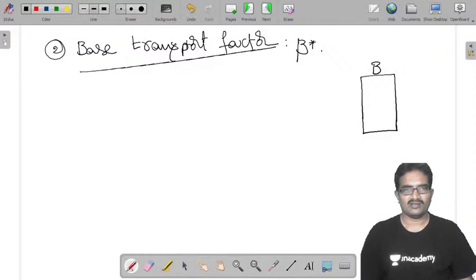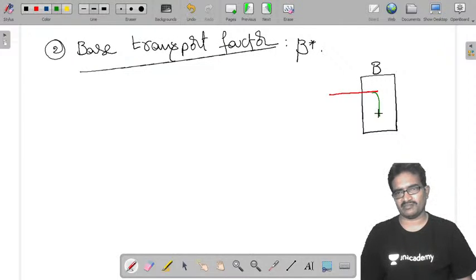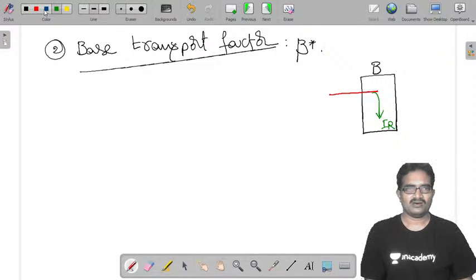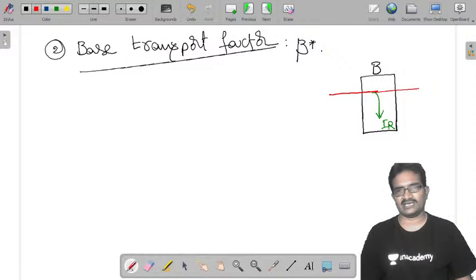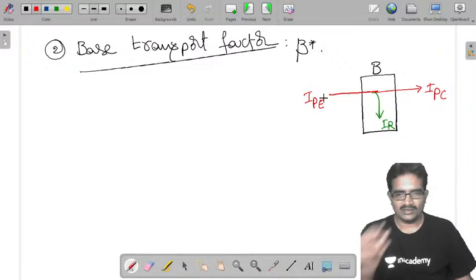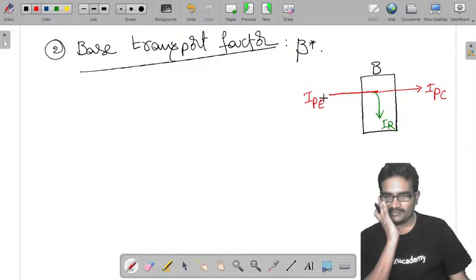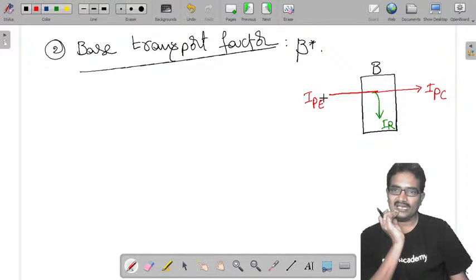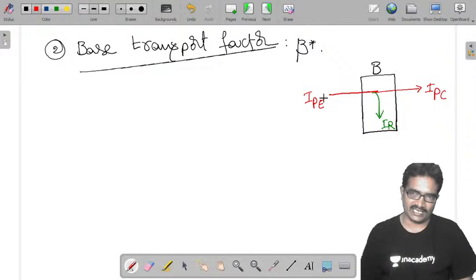Once IPE is entering the base, some part of this IPE is going to be recombined at the base in the form of IR. The remaining part reaches the collector as IPC. So IPE is entering, IPC is leaving, and IR is the recombination current.